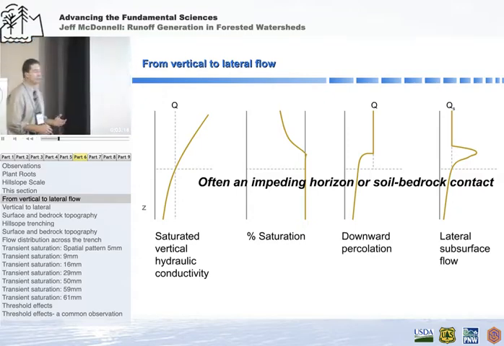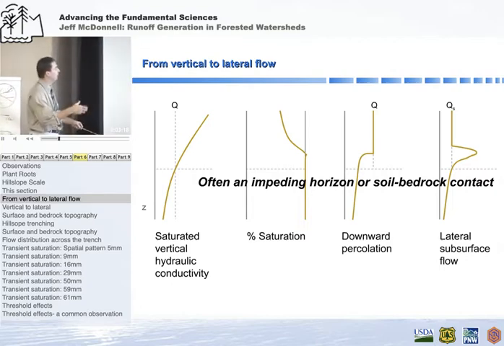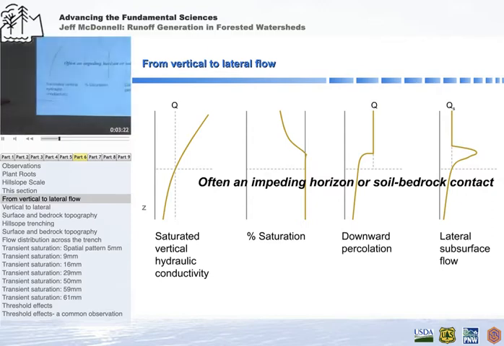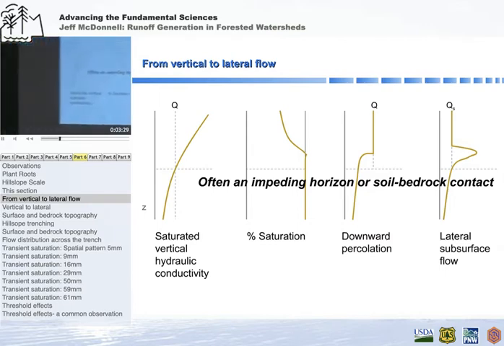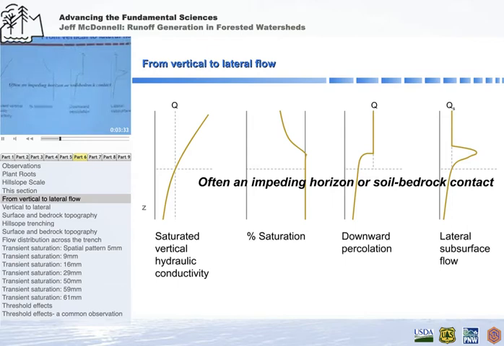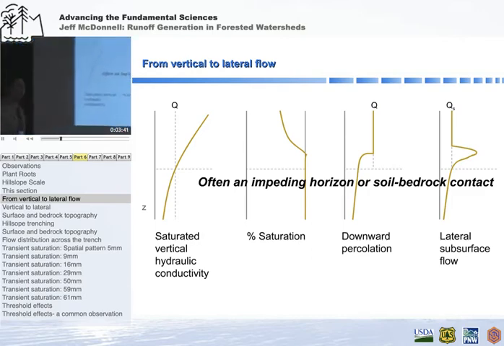So we've talked about these depth declines in matrix and preferential components at the plot scale, things like vertical hydraulic conductivity, percent saturation, where maybe we're creating a zone of temporary saturation. But in terms of looking at the transition from vertical to lateral, we really go from a totally vertical component of flow to, at this zone, a significant lateral component.